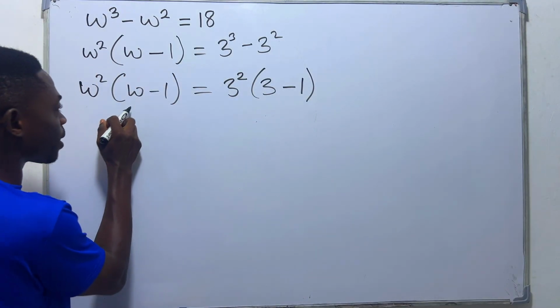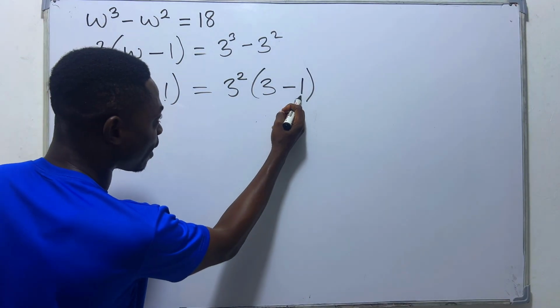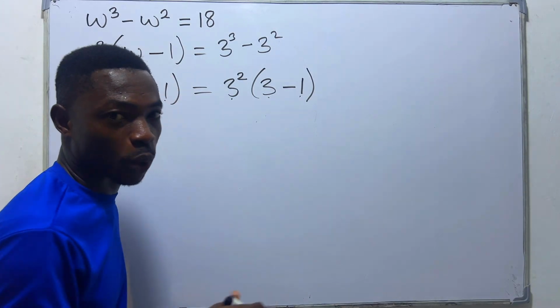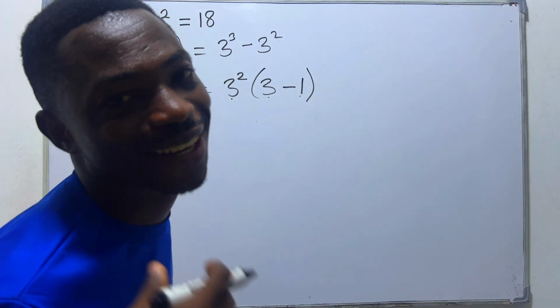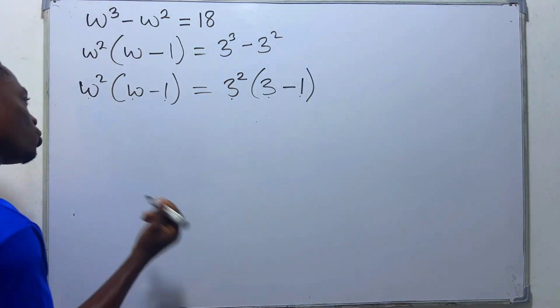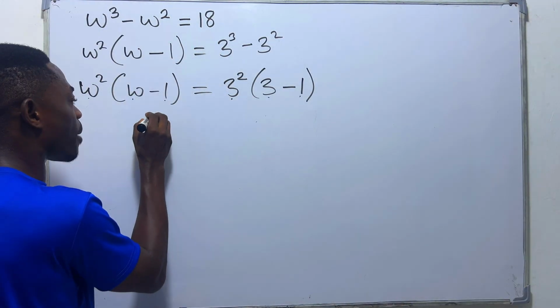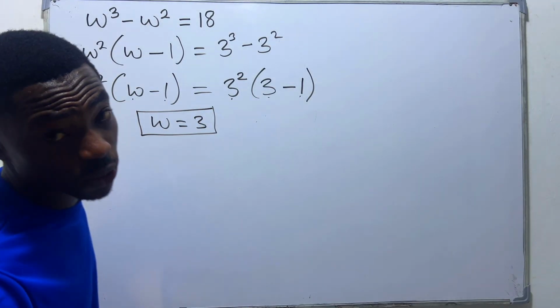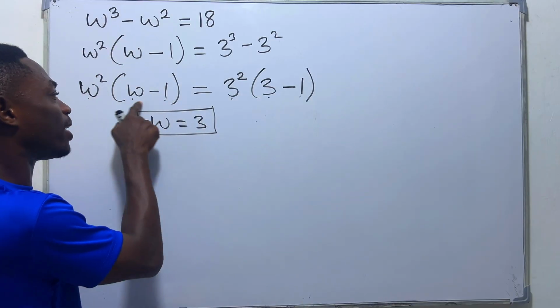Why? Because this -1 corresponds to this, 3 corresponds to this one, this w corresponds to this. So at this moment, we can comfortably say w is 3. Truthfully, if you are still confused, I'm going to put w is equal to 3, and this is one of the solutions. If you are still confused, don't worry, we can equate.